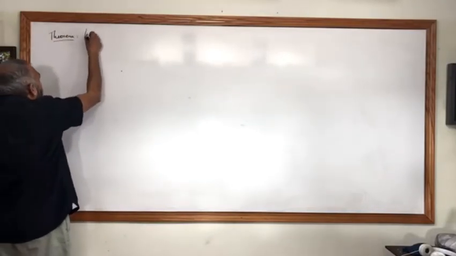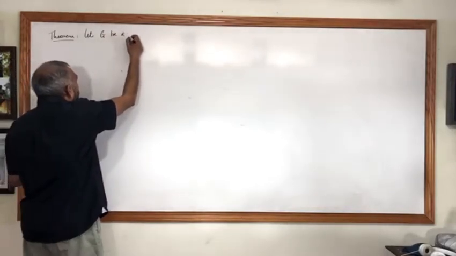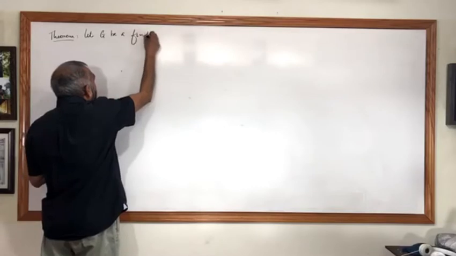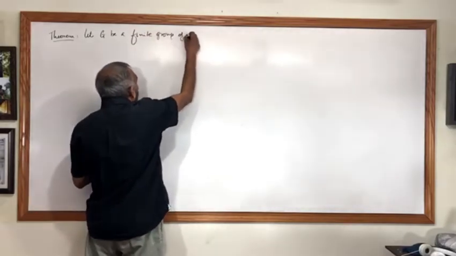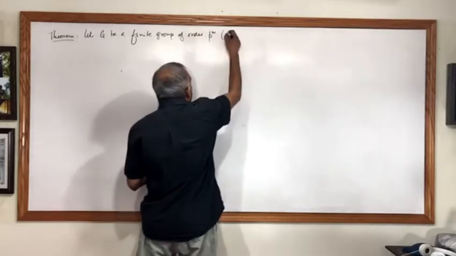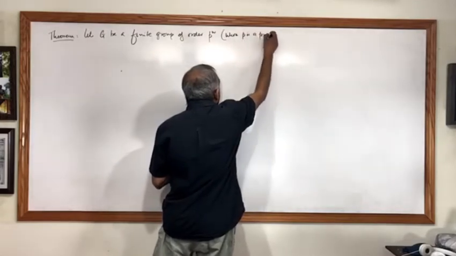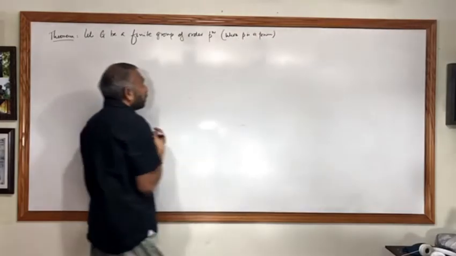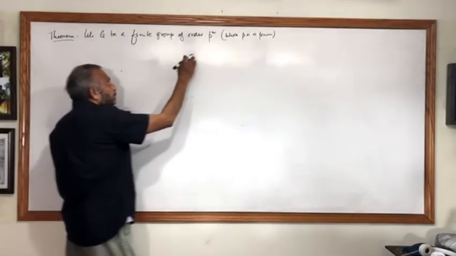Let G be a finite group of order p to the power of n, where p is a prime. And from here onwards, if I don't say that p is a prime, we are assuming that p is always prime.